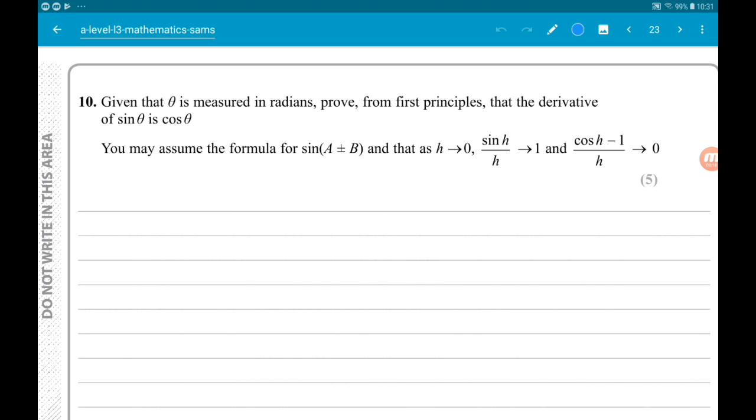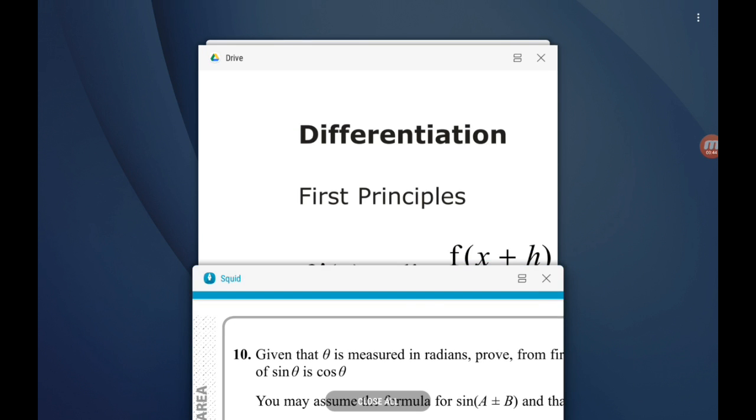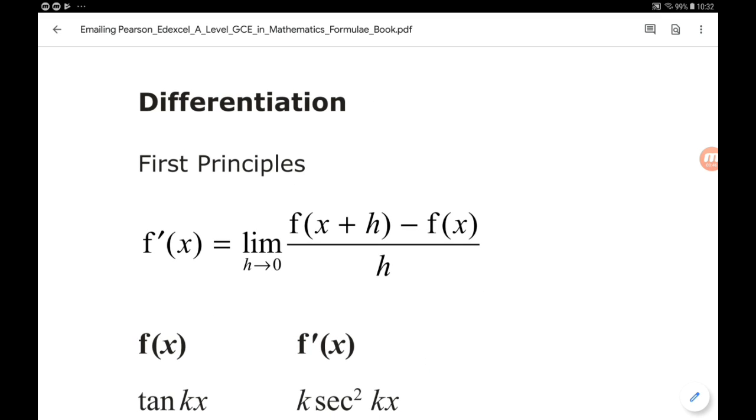We may assume the formula for sine of A plus or minus B, and that as h tends to 0, sine of h over h tends to 1, and cos of h minus 1 over h tends to 0. Okay, so first up we are given a differentiation from first principles, so there it is.